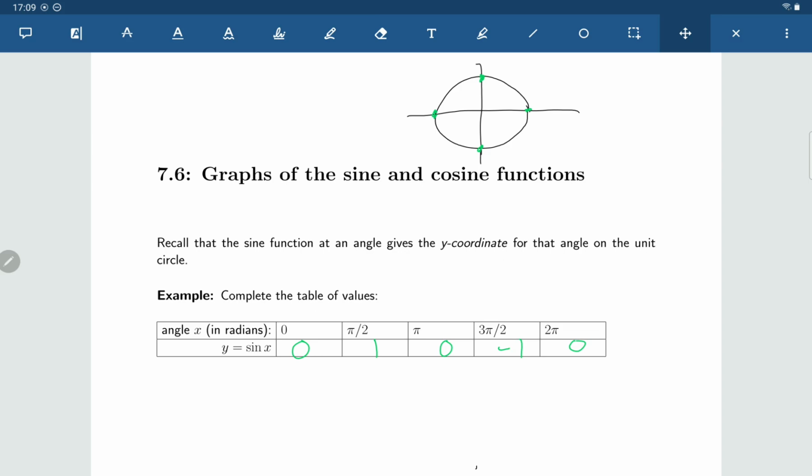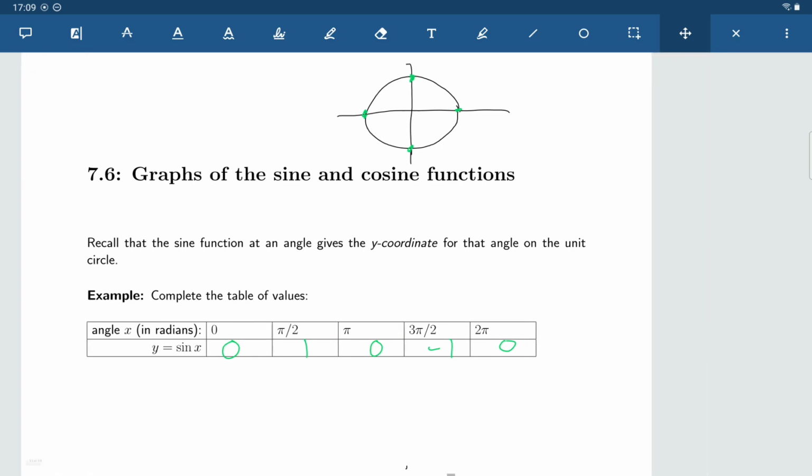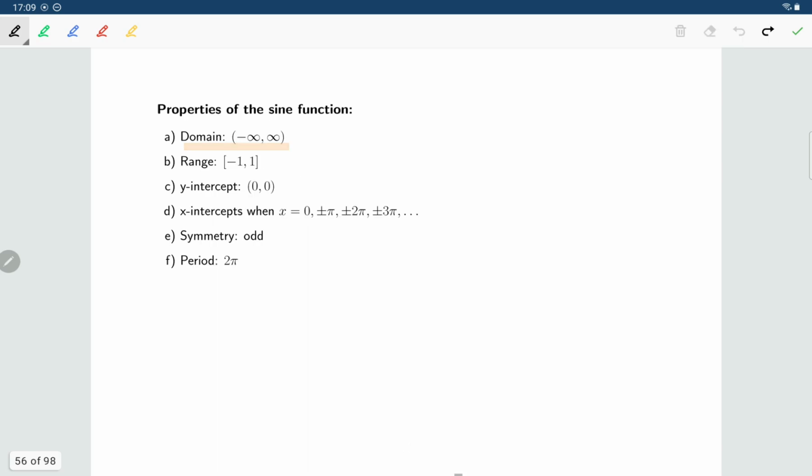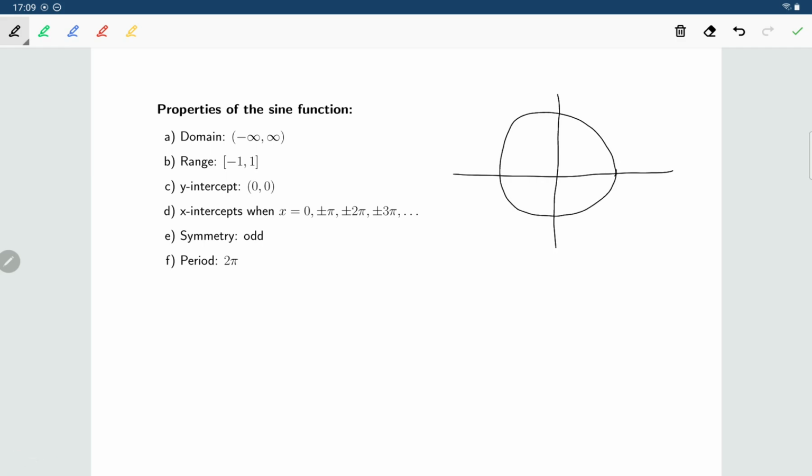And there's actually quite a few properties that we already know about our sine function, in part because of what we've seen before, and also just thinking again in terms of that unit circle definition. So the first part, the domain, why the domain is all real numbers. Remember that sine is the y value on our unit circle.